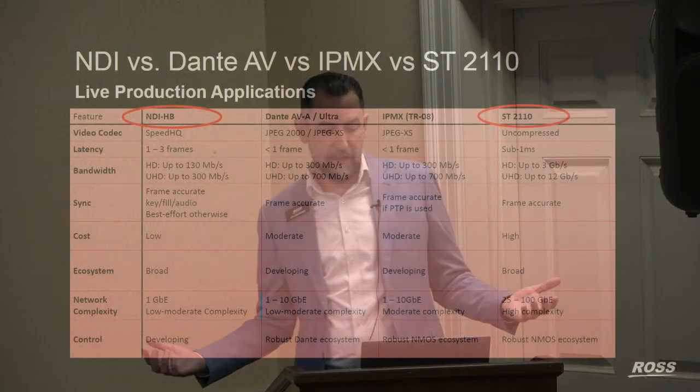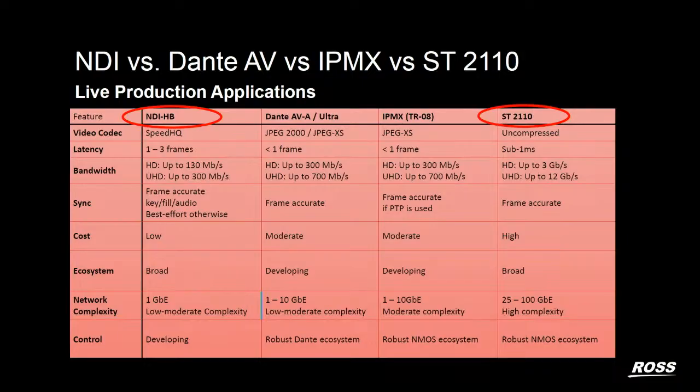Now let's kind of take a step back and look at everything. These are kind of more of your live production type of applications here. So with high bandwidth is kind of on the lower end. If you look at the bandwidth you have to do, NDI high bandwidth versus on the higher end on the right for 2110, just look at those numbers, right?